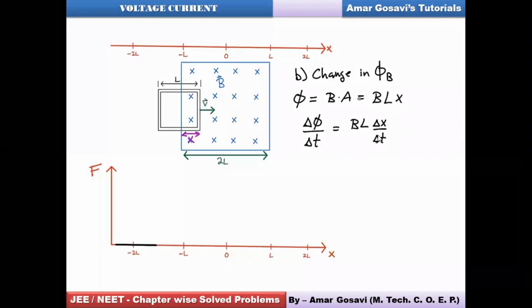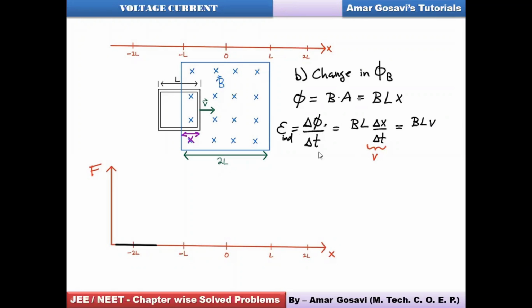Now this delta x by delta t, friends, is nothing but the velocity with which the rectangular coil is moving in this magnetic field. So I can replace it, and the induced EMF equals BL, and instead of delta x by delta t, I will replace it by V. So I get the equation for the induced EMF, or the motional EMF, as BLV.